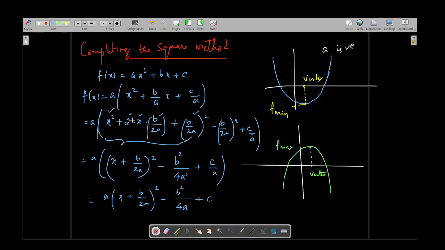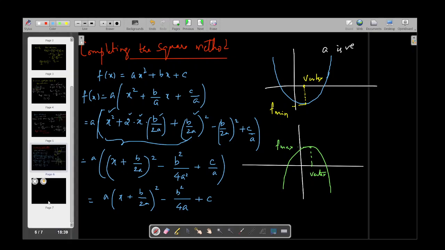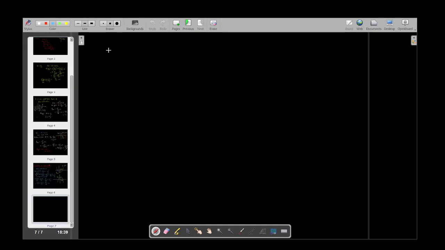So now I'll write this equation again in the next page. So what we got is f of x is equal to a times x plus b by 2a whole square minus b square by 4a plus c.